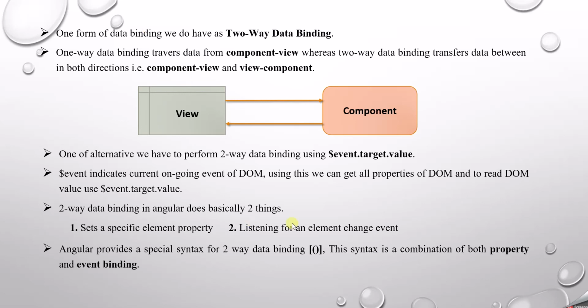So this is the syntax, guys. There are square braces enclosed with a pair of parentheses. You can think of this syntax as a combination of both property binding and event binding. The parentheses indicate event binding, and property binding, as you know, in Angular can be achieved using a pair of square braces.